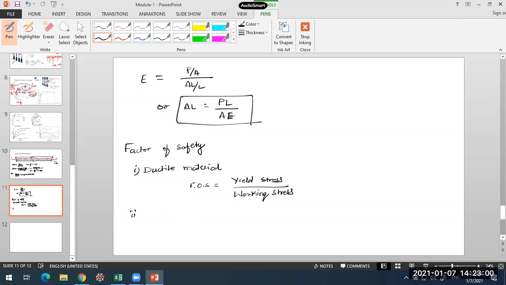And if it is a brittle material, the factor of safety shall be ultimate stress by working stress.